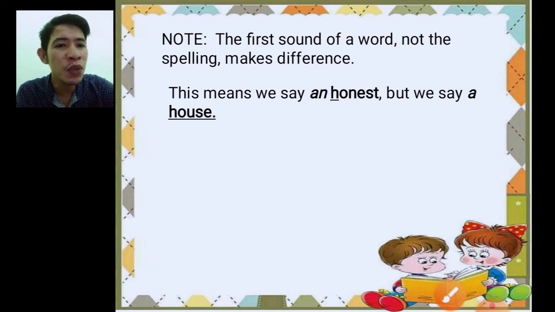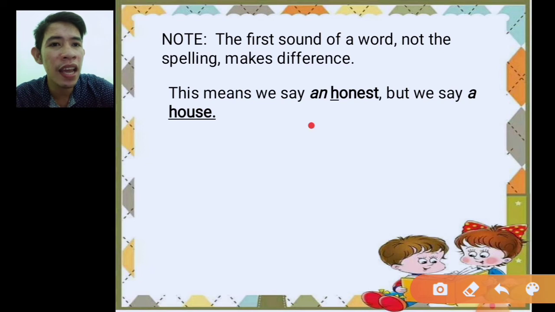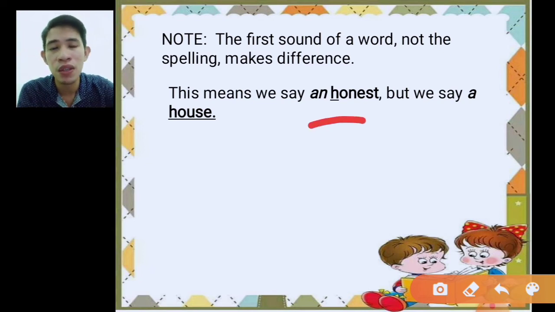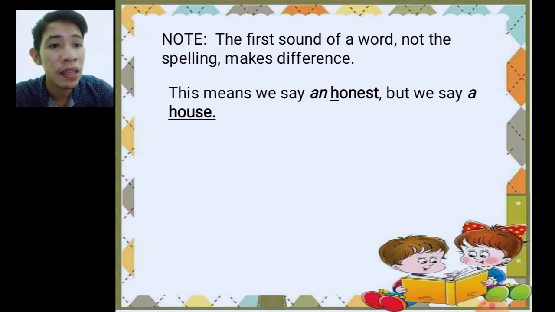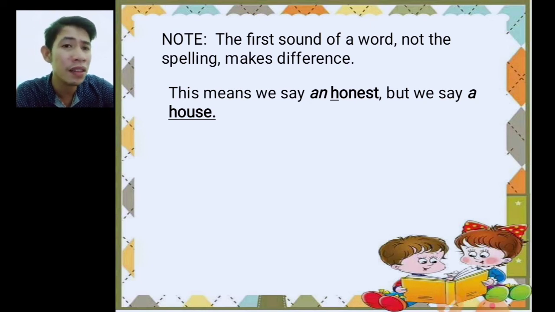Why do we say that it's an honest, not a honest? We use article an because the sound of the word honest starts with a vowel sound. So therefore, we need to use an. Sir, the letter is H, not a vowel. So why do we need to use an if the letter is H?